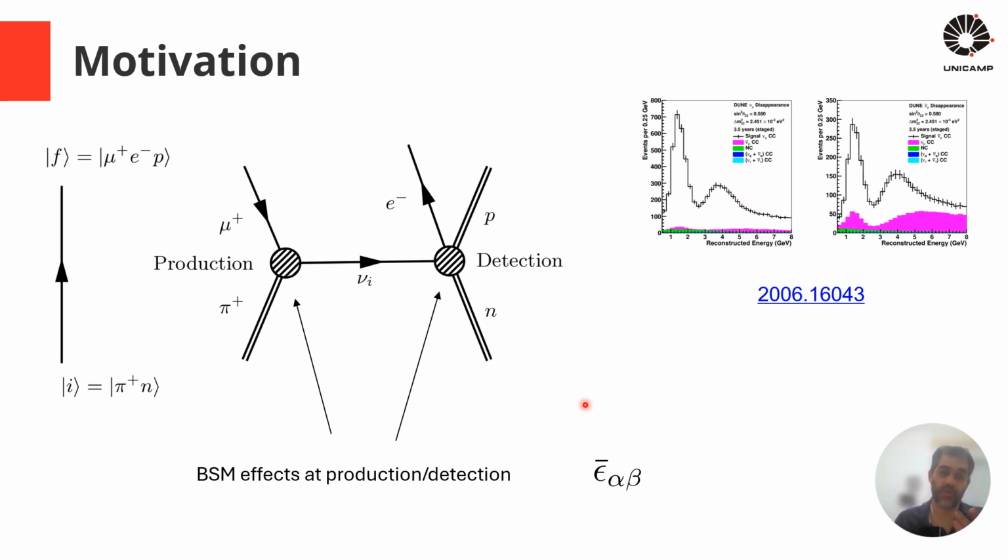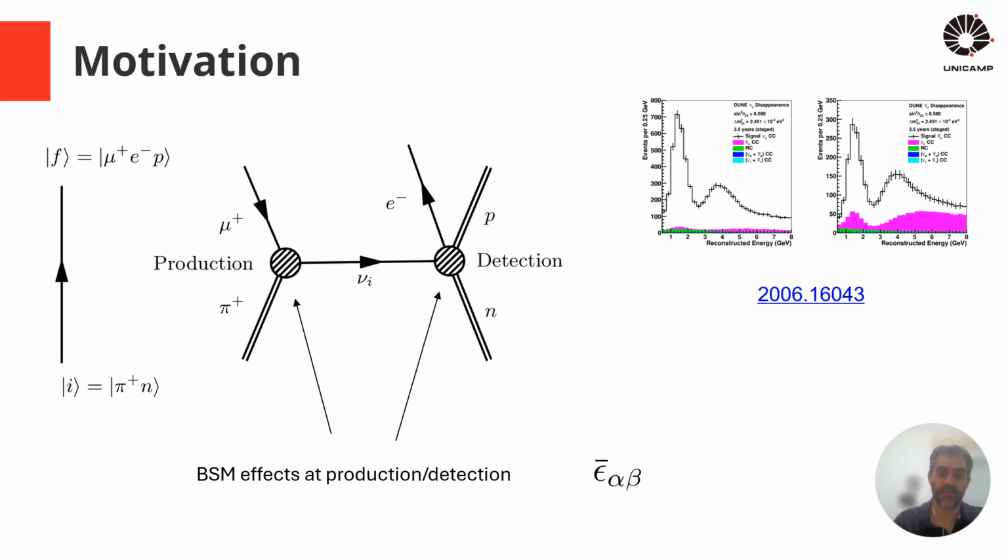In my talk, I'm going to consider BSM effects at production and detection with epsilon bar. The bar is for the NSIs at production and detection, which are the charged NSIs, related to the charged current.